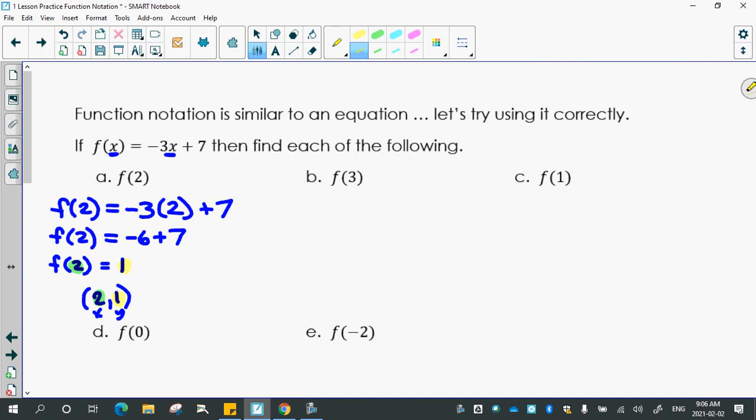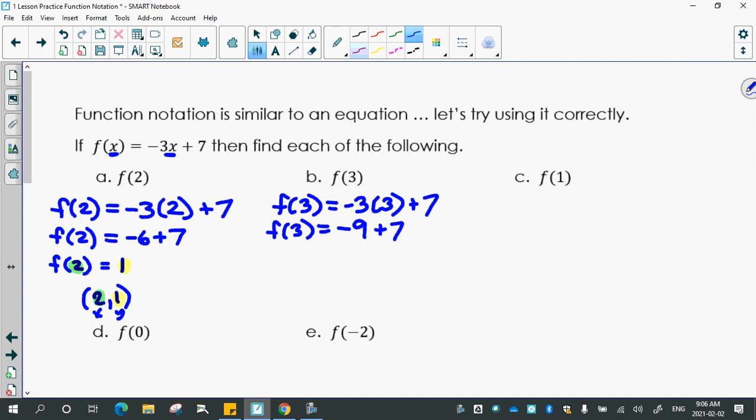Similarly here, f at 3 is going to be negative 3 times 3 plus 7, so negative 9 plus 7. So f at 3 is going to be negative 2.